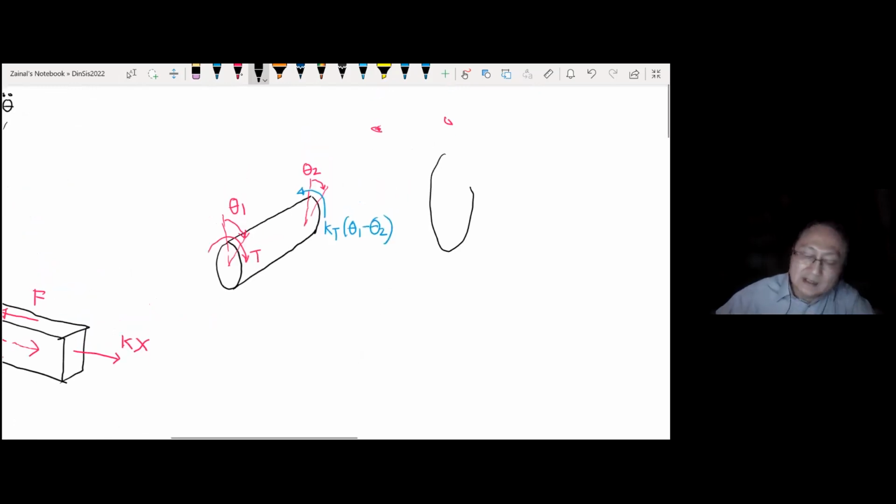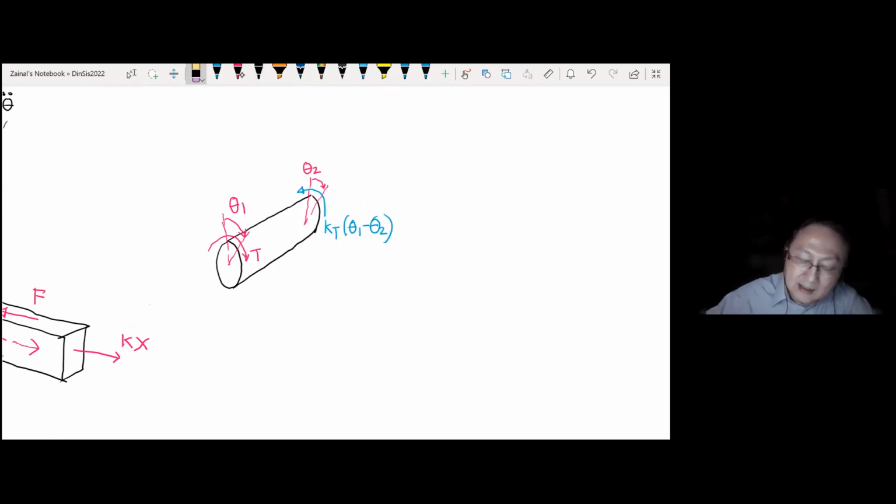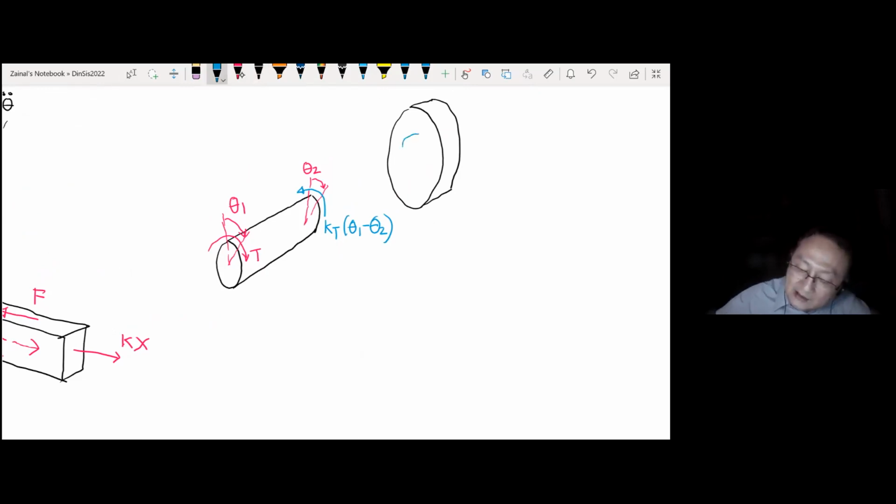I have to draw it there actually. So this one will be another spring force opposite to this one, which is kT times theta 1 minus theta 2.